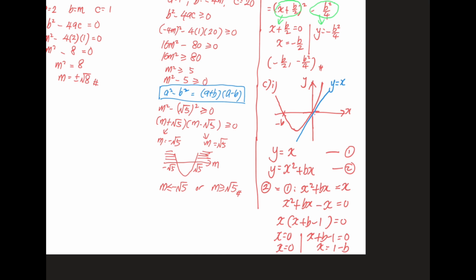So if we have two x values, our graph is going to depend on 1 minus b. It depends on what value your b is.